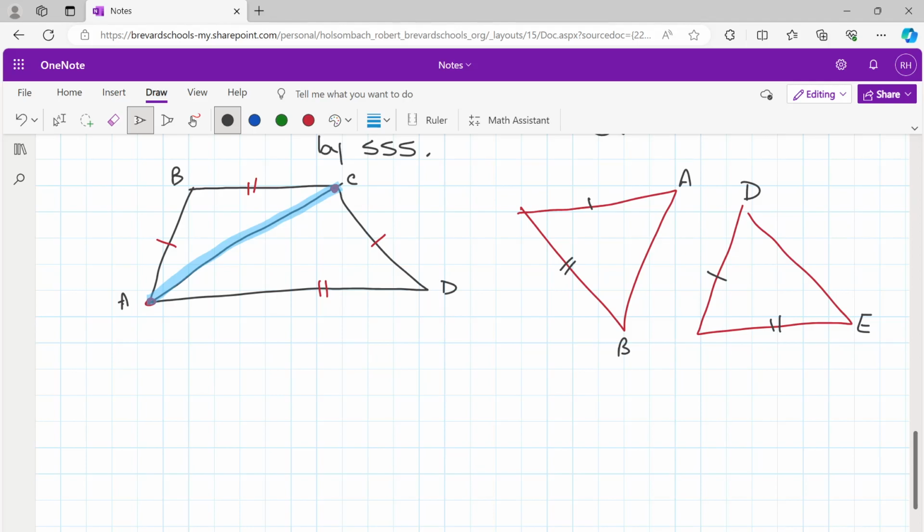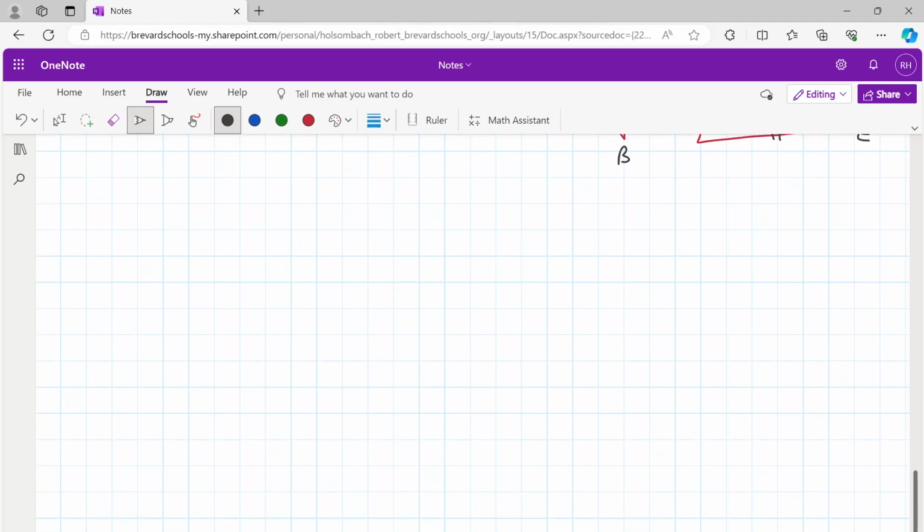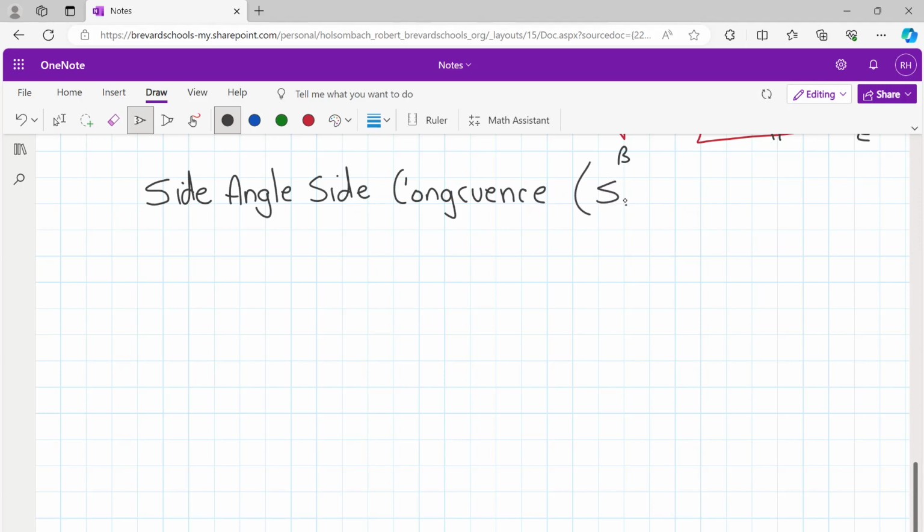All right, and then take a look at the bottom of page 266 now. And this is SAS, or side angle side congruence. Side angle side congruence.